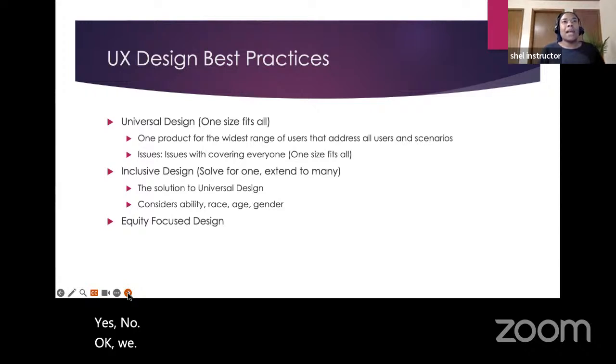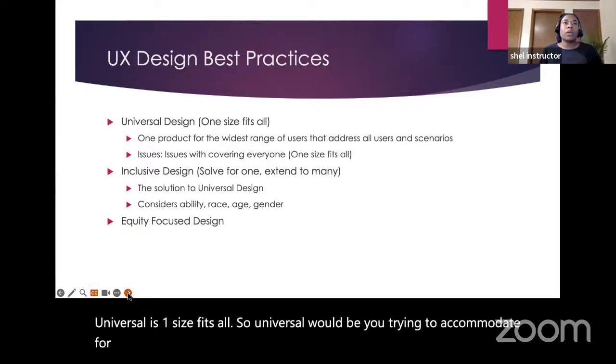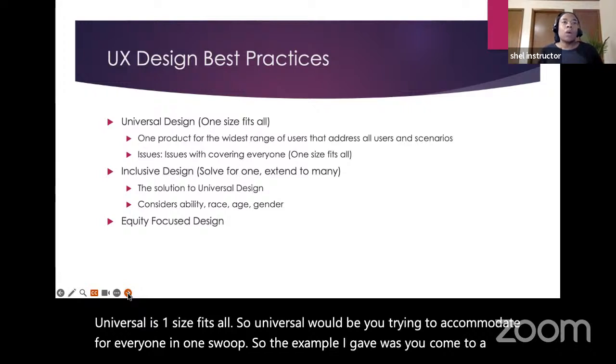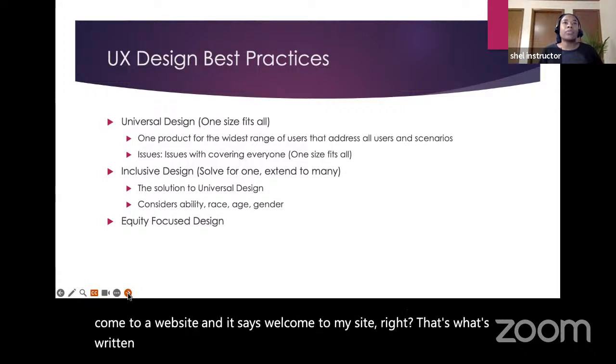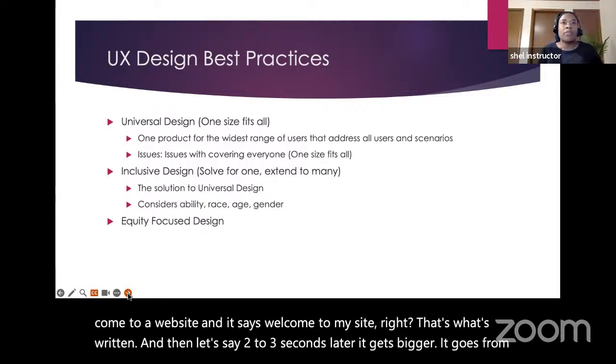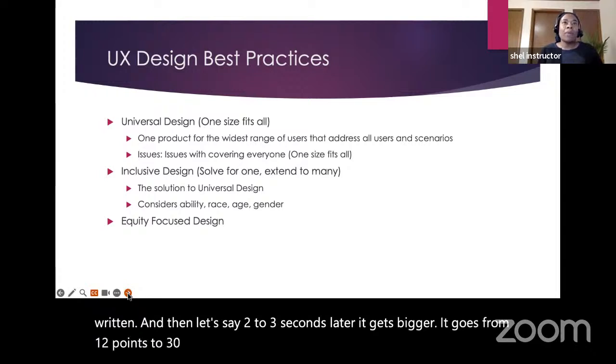Universal is one size fits all. So universal would be you trying to accommodate everyone in one swoop. The example I gave was you come to a website and it says, welcome to my site, right? That's what's written. Then 2 to 3 seconds later, it gets bigger. It goes from 12 font to 34 for people who may need reading glasses.